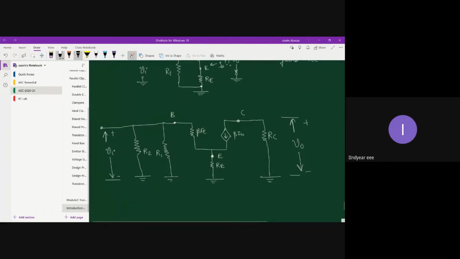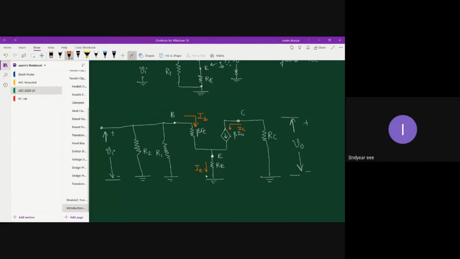Fine. Now let me mark different currents here. I need to have your undivided attention here, or else you may lose me in between. So please follow very, very carefully. Mark the current directions. This is very important for this type of analysis. So this is IB, and through this, IC flows, and through emitter, current IE flows.